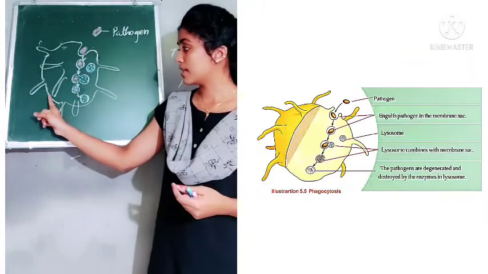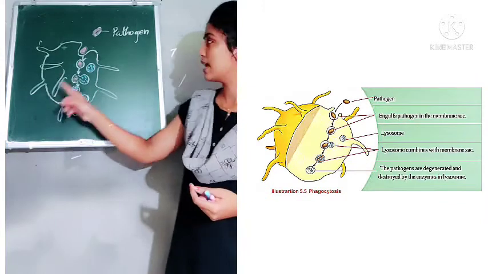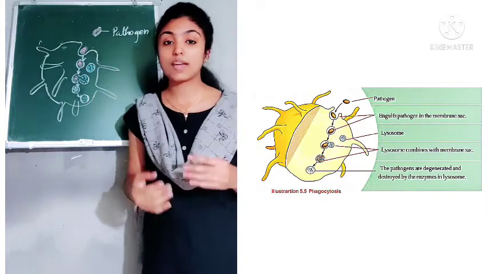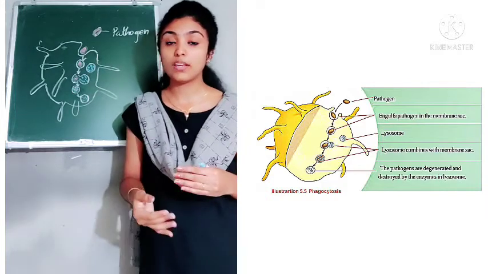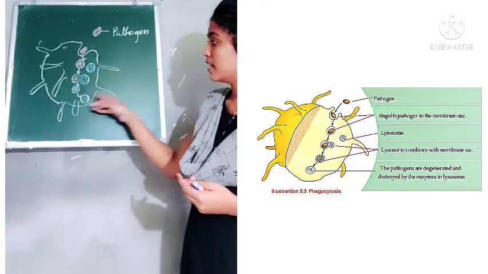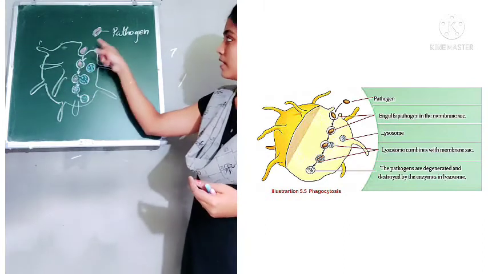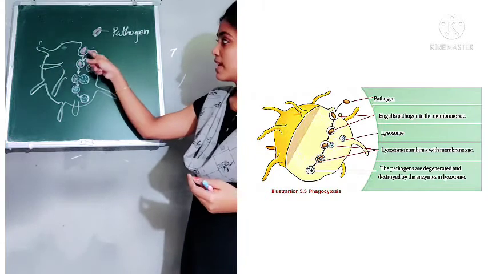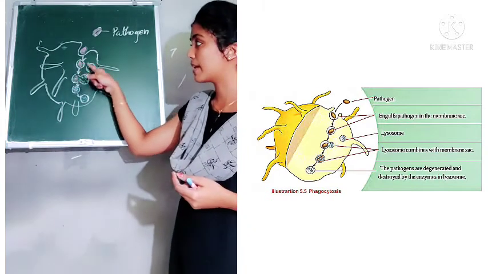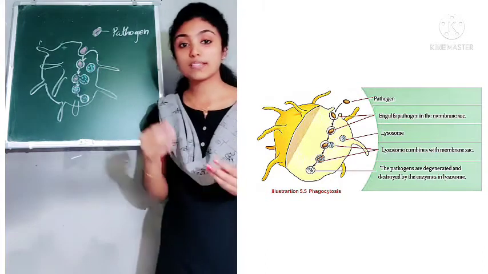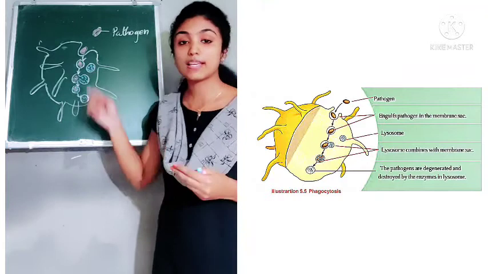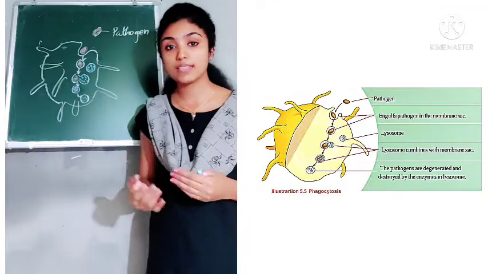First, you can see this is a white blood cell, and this is the pathogen. We know that the pathogen tries to enter into the body through the wounds. Then the white blood cell engulfs the pathogen just like this into a membranous sac. So inside the white blood cell, there will be lysosome. Lysosome consists of some enzymes.